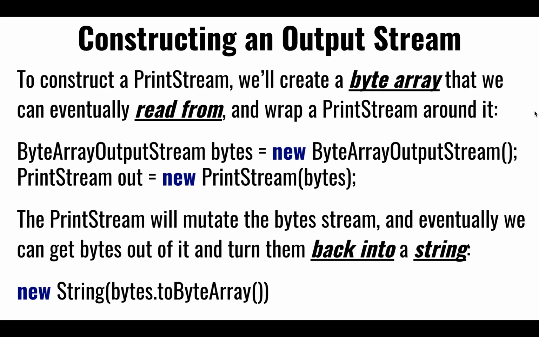For the output, we can go the other way around. We can use a ByteArrayOutputStream, that just like the ByteArrayInputStream can consume data. Print can go the other way around.